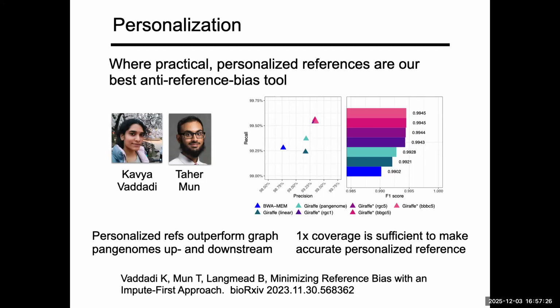I align those reads to a linear reference genome. I then use an imputation tool to impute a personalized diploid reference for that same individual. Now I align all the reads to the personalized reference. That yields variant calls that are better than what you would have got with a pangenome. So this stands to reason, and it's another option that I think we can be confident reaching for in the future if we want to avoid reference bias.